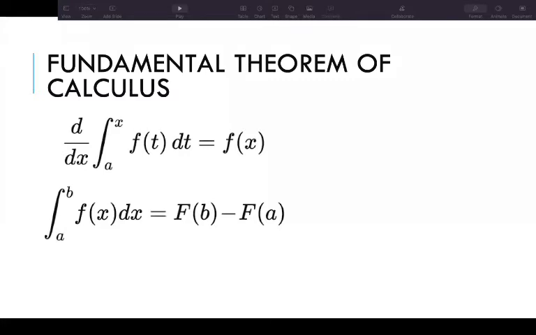The first theorem is that the derivative of a function's antiderivative is the function itself.